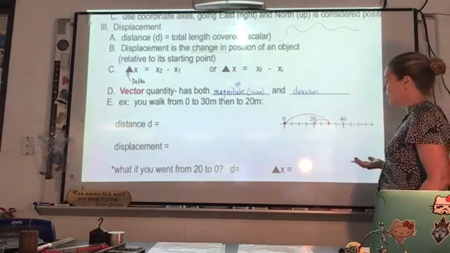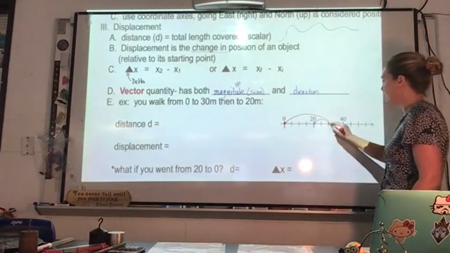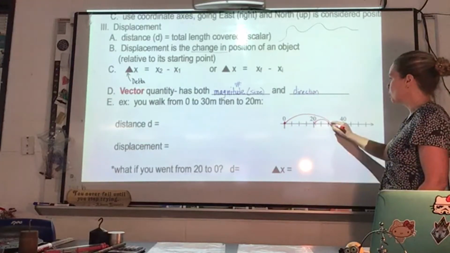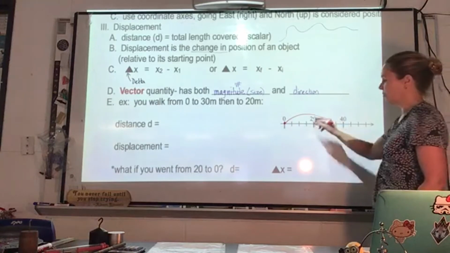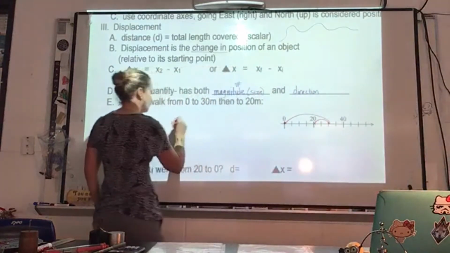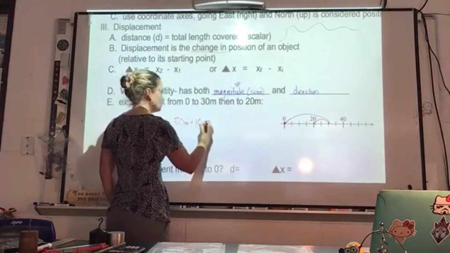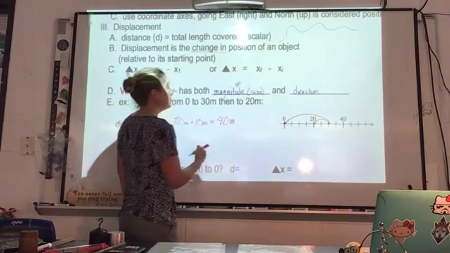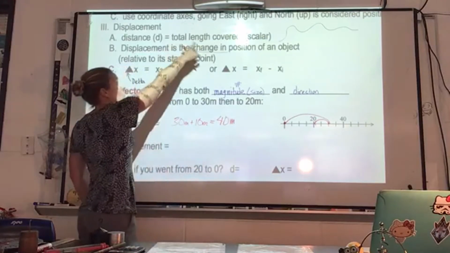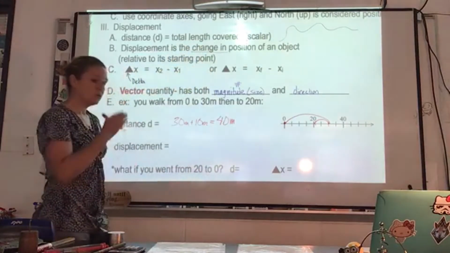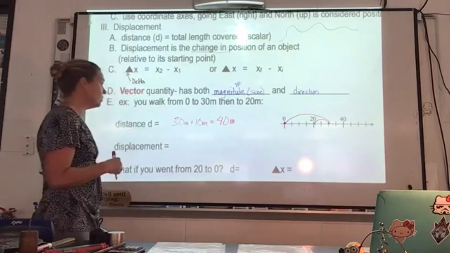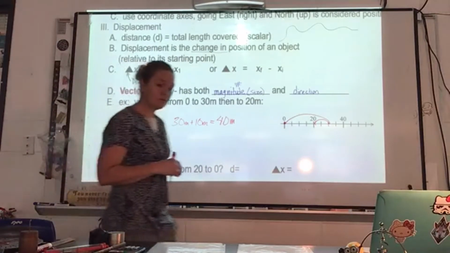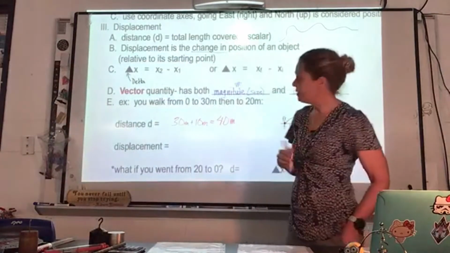What is my distance covered? Well, I had to go 30 meters, and then to get to 20, didn't I have to go another 10 meters? So I have 30 meters and another 10 meters, so I moved 40 meters. Remember, total length covered. The total distance I went was 40 meters. However, what is my displacement in this case?